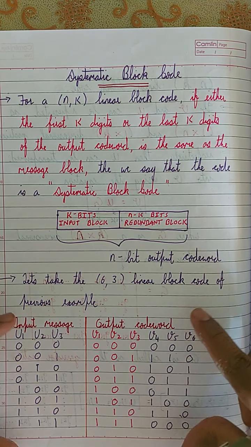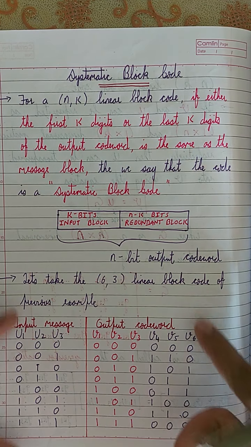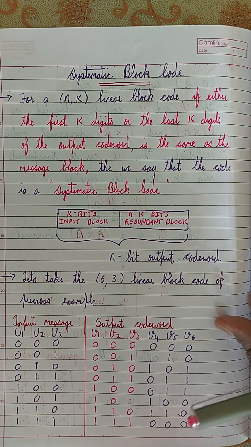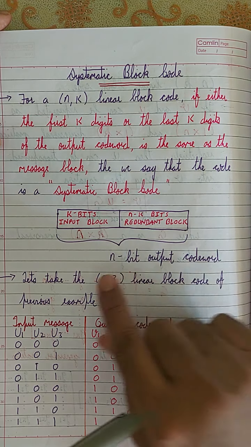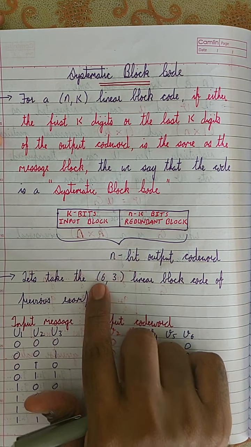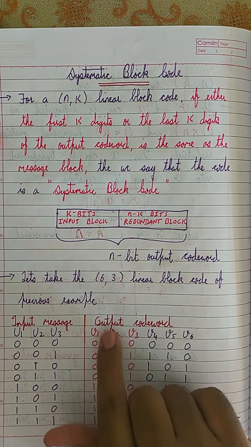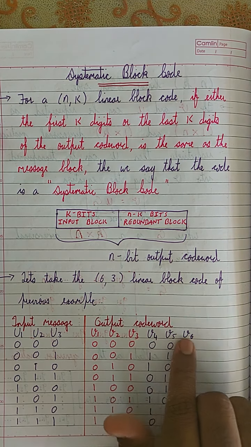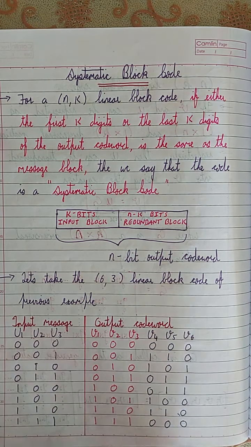I have written the same table over here, the same answer, so that you will understand what a systematic block code is. In this example, n is equal to 6 and k is equal to 3, which means the output has 6 bits and the input message has 3 bits. So V1, V2, V3, V4, V5, V6 and U1, U2, U3.